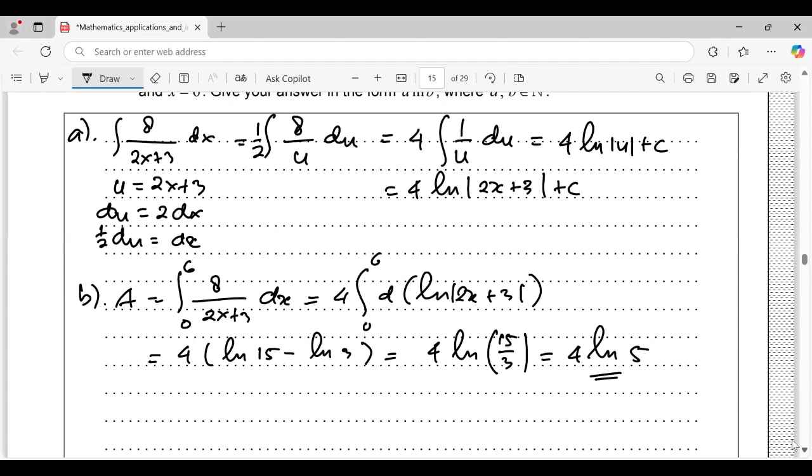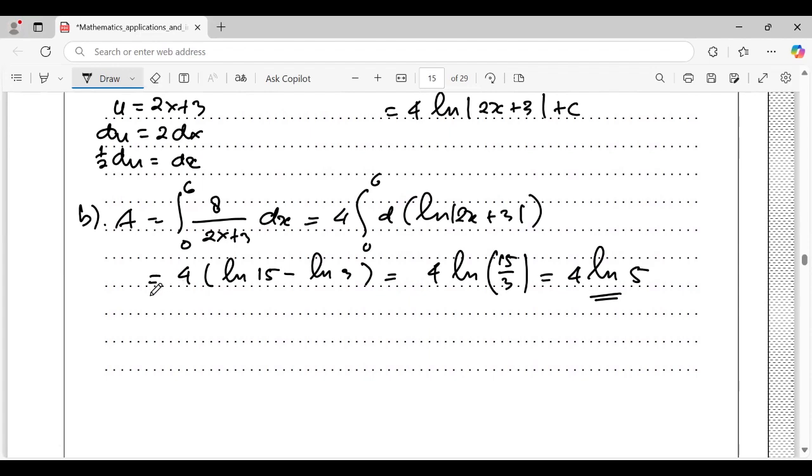Or you can write it in this form: ln 5 becomes, according to the ln rule, 2 squared. So it becomes 2 ln 5 squared, because 2 times 2, and it is 2 ln 25.